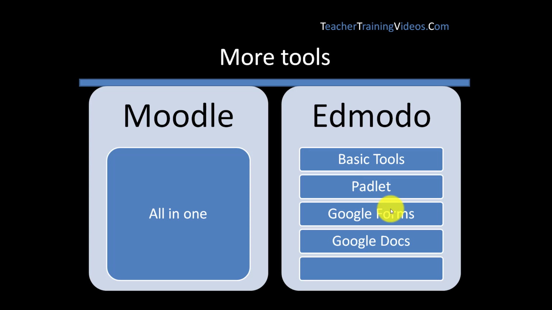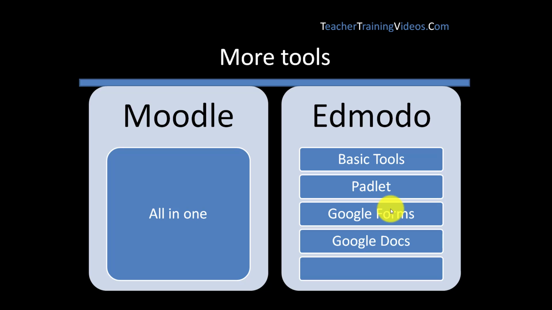Now, a really important point related to the virtual learning environment, that is where the students are going to do their group work and pair work and quizzes, etc., is that normally when we work with Moodle, because it has a lot of tools, you don't normally need to use any other tools outside of the tools that are available within Moodle.